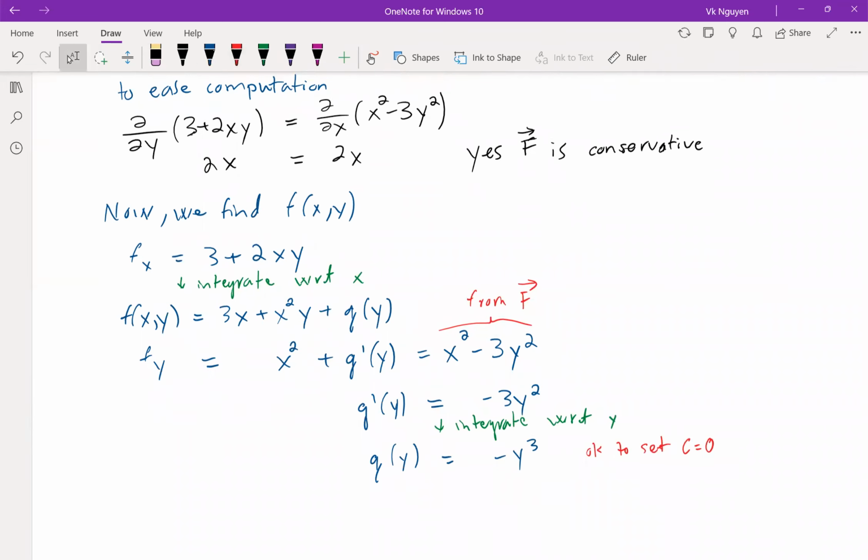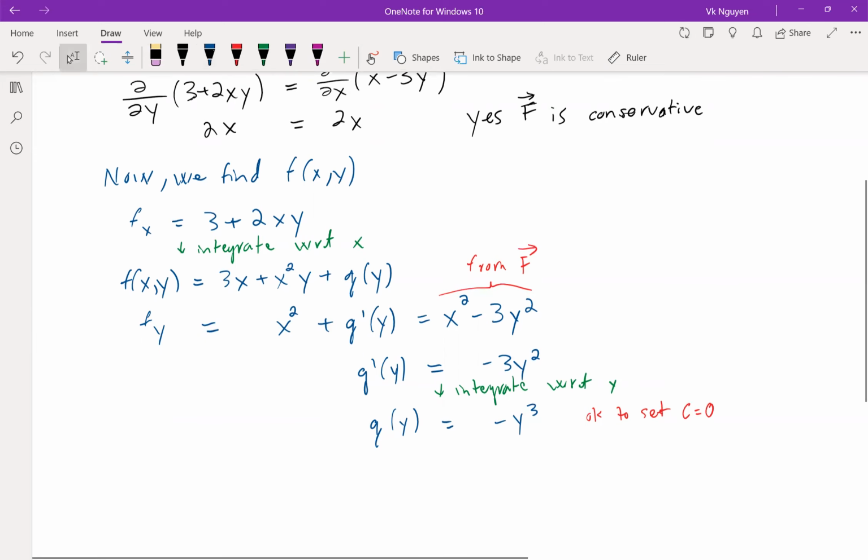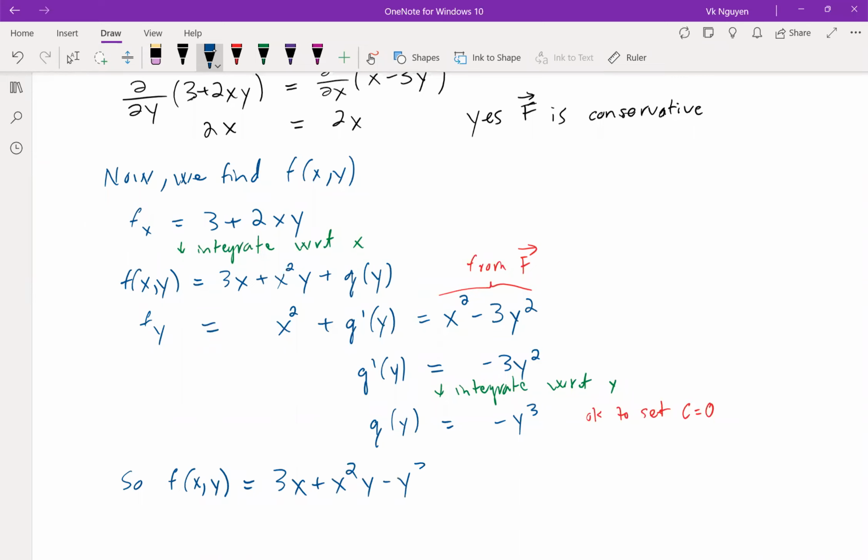Okay, so that's it. We have f of x, y: 3x plus x squared y minus y to the 3.